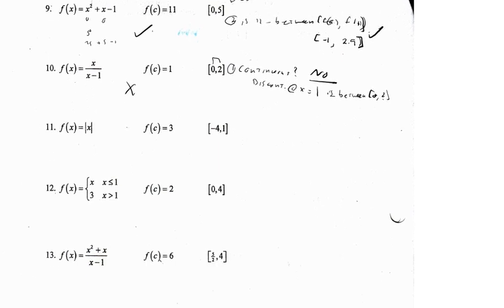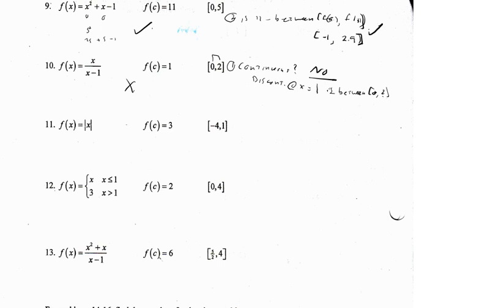Number 11. Does the intermediate value theorem guarantee a value of 3 on the interval -4 to 1?